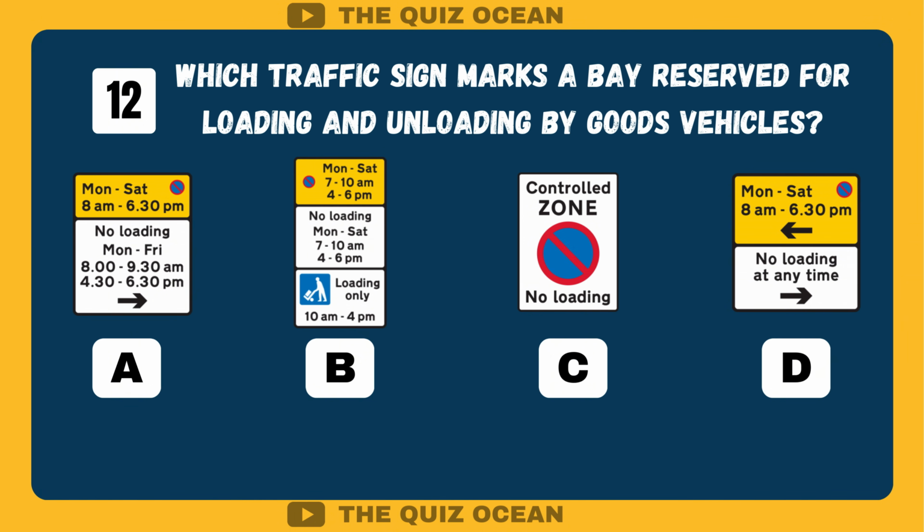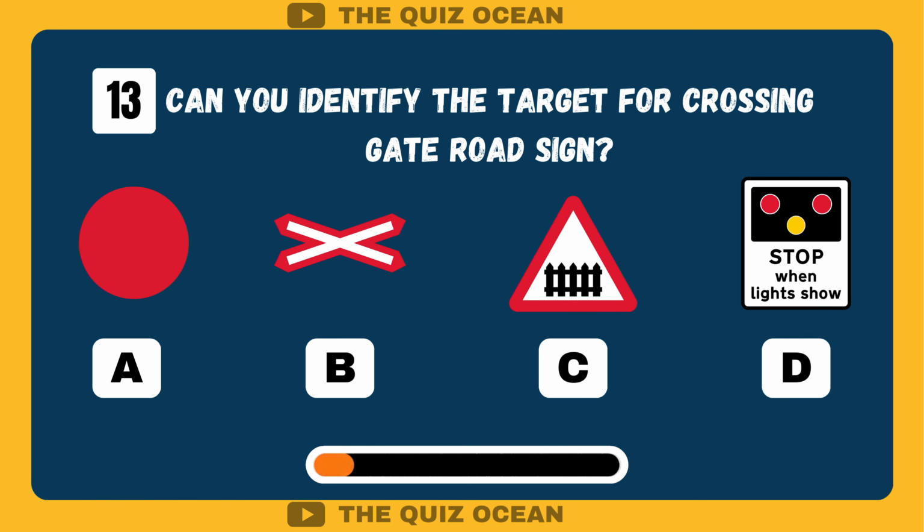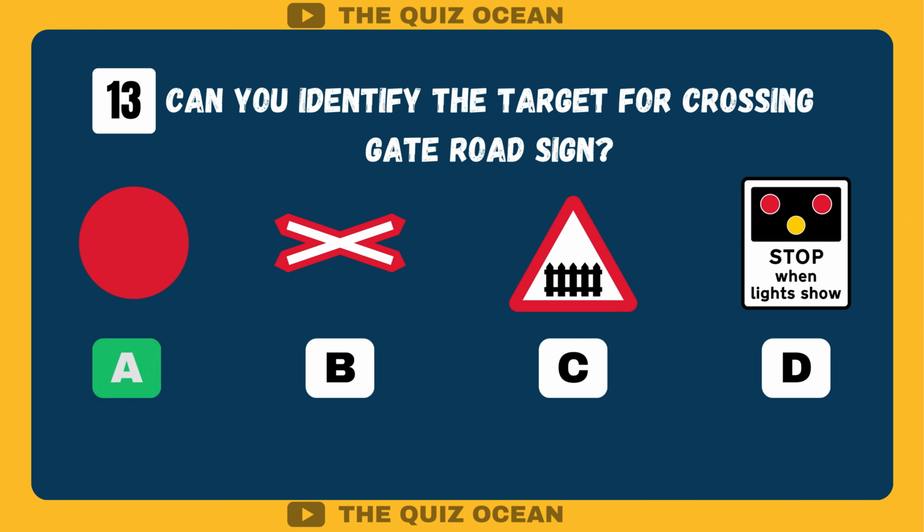The answer is B. Question 13. Can you identify the target for crossing gate road sign? The answer is A.